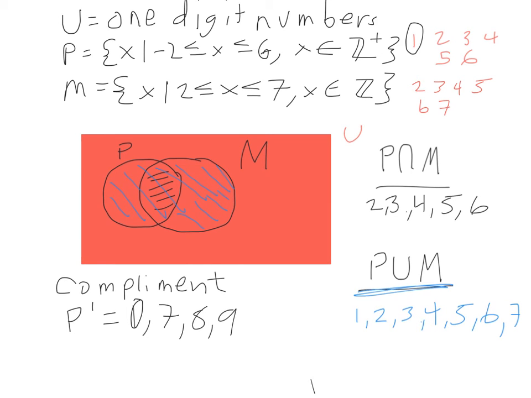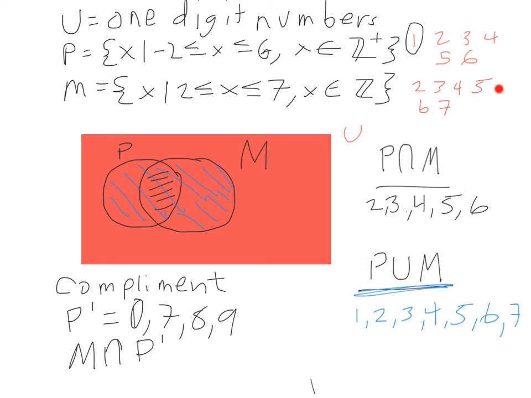So let's say that we want to do M intersection complement of P. So that's asking for the intersection of things that are part of M but not part of P. So you can notice that by looking at the numbers that we have, right?